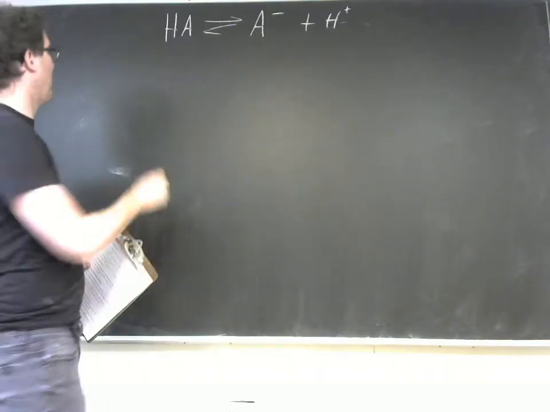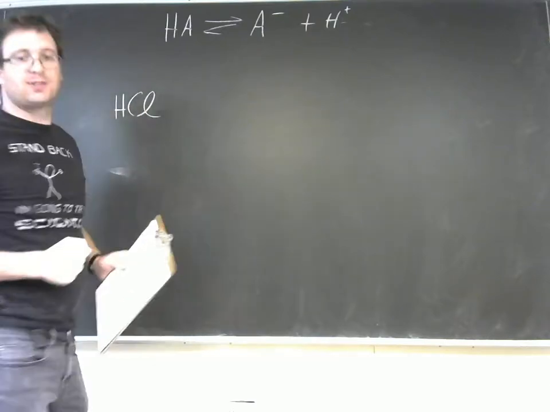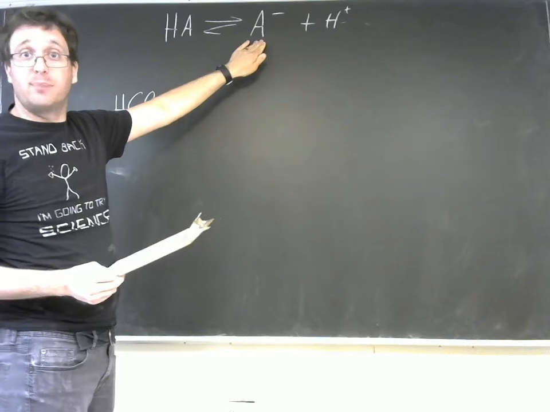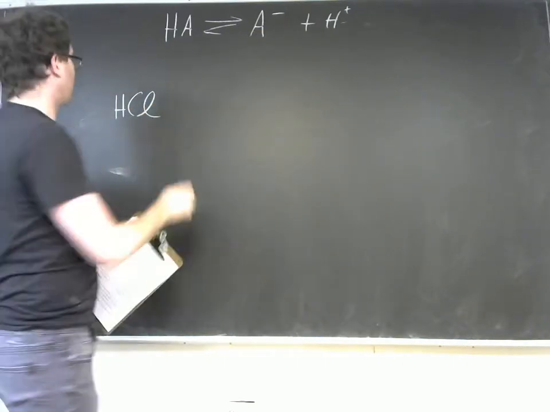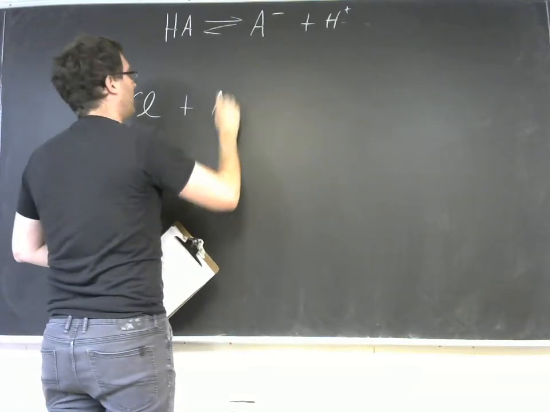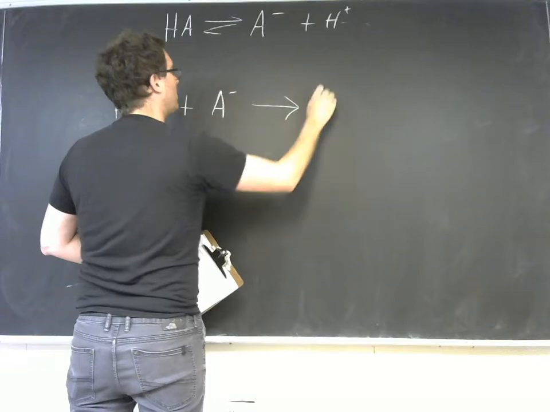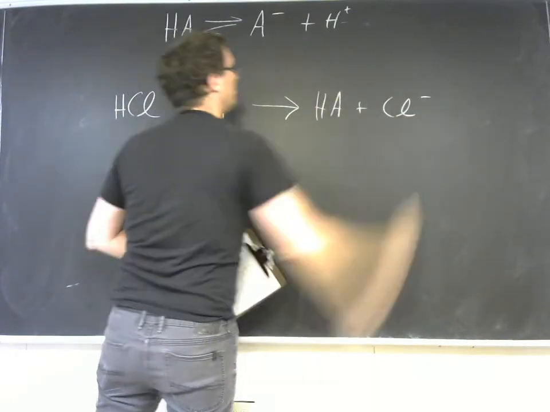Well, if I add a bunch of HCl, for example, to my buffer solution, then it's going to react with the conjugate base of the buffer, the acetate ion in the example we gave before. So that's going to be A minus, and that's going to produce HA plus Cl minus.